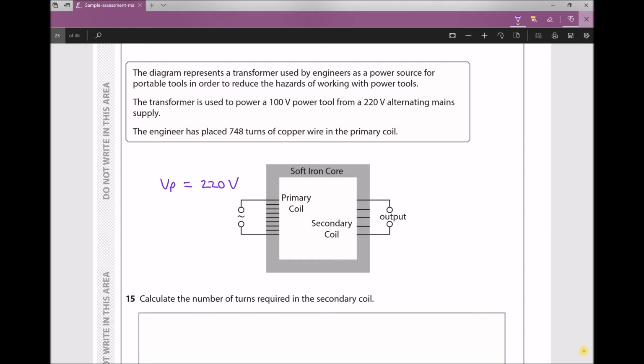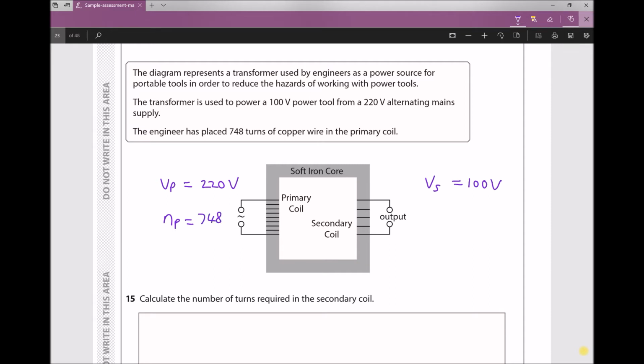And it's telling us that the desired voltage, or the voltage on the secondary, needs to be 100 volts for our power tools. Now the question also specifies the number of turns of copper wire in the primary coil, NP, and it tells us that that's 748.